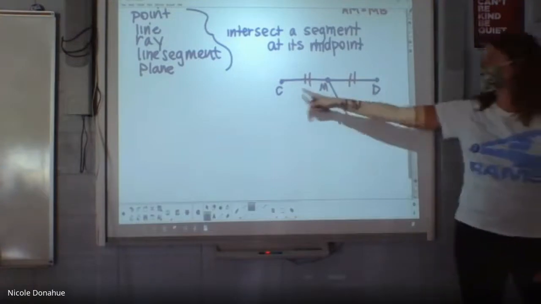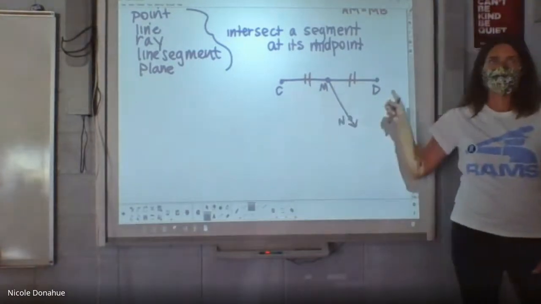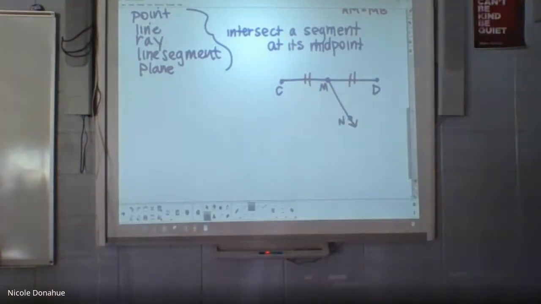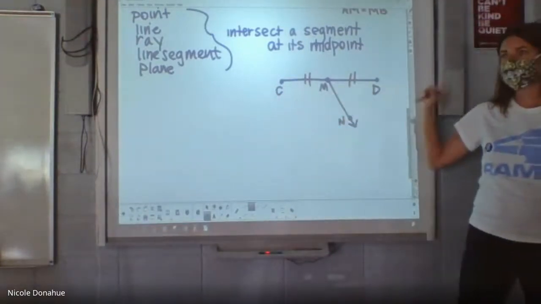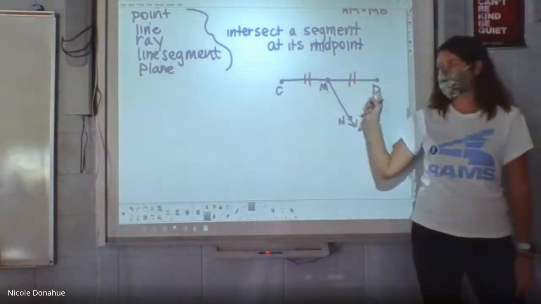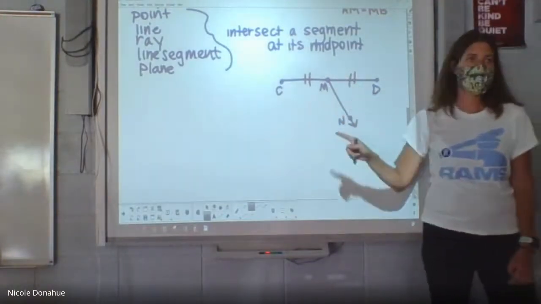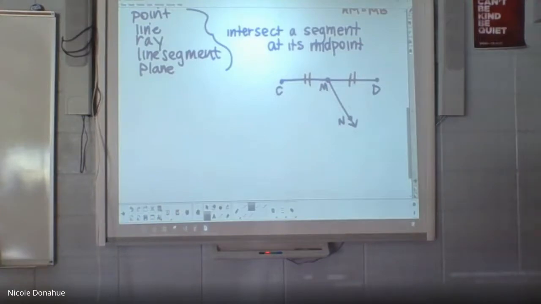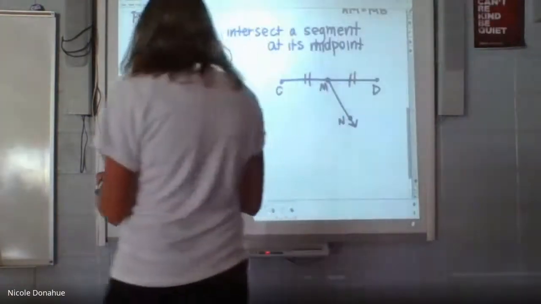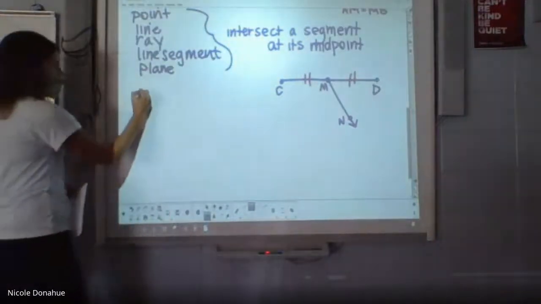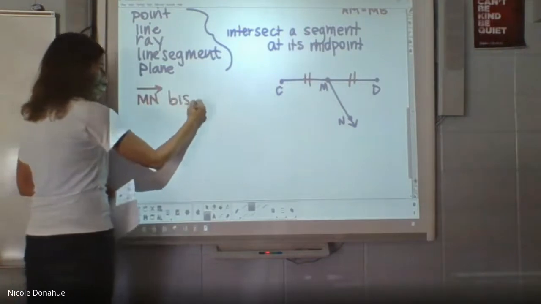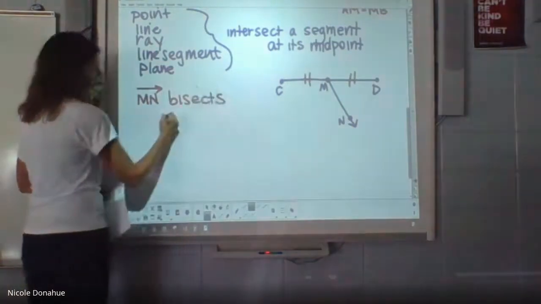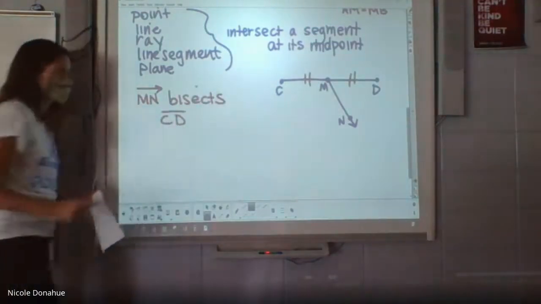So first of all, what's CD? What kind of shape is CD? What do we call that? What do we call CD, you guys? I heard it. Line segment. How about MN? That's a ray. Yeah. So the ray MN is a bisector. MN bisects CD.